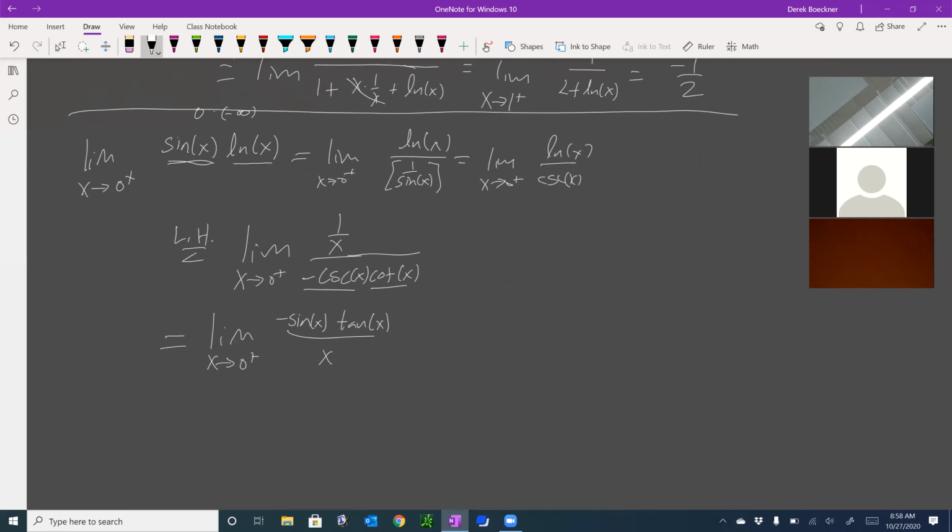But the first thing I noticed before we do that is that we already know what the limit of sine of x over x is, right? Remember from 3 weeks ago or 6 weeks ago or whatever it was when we were doing sine of x over x stuff? This goes to 1, right? You could do it with L'Hopital's rule too here, but this guy goes to 1.